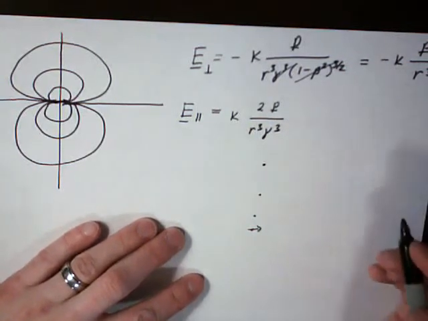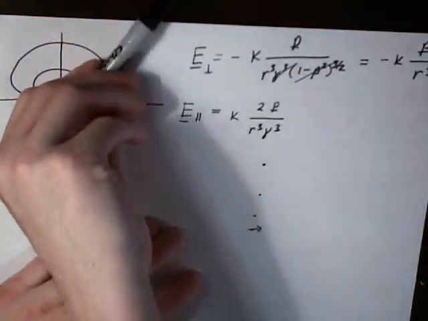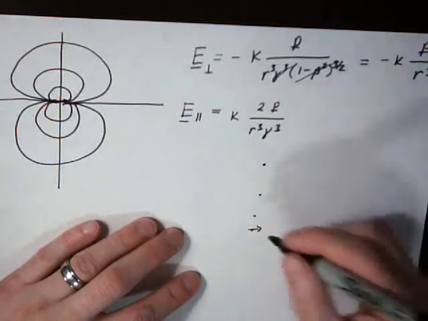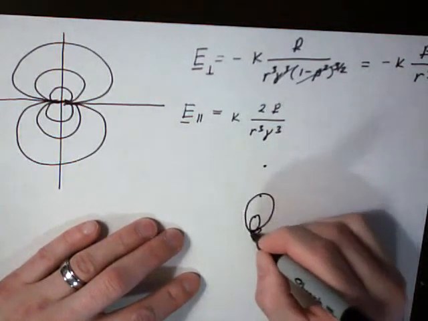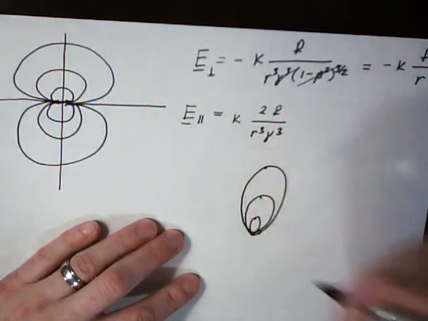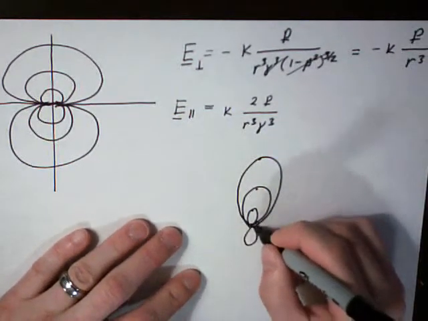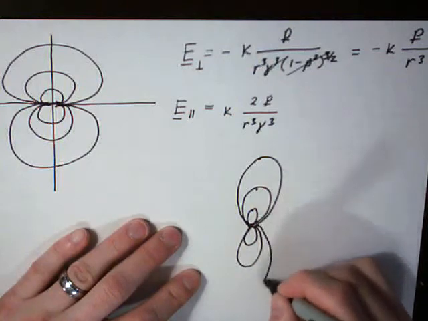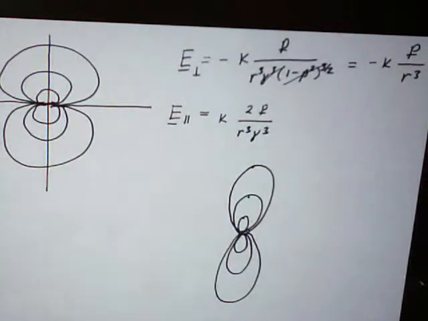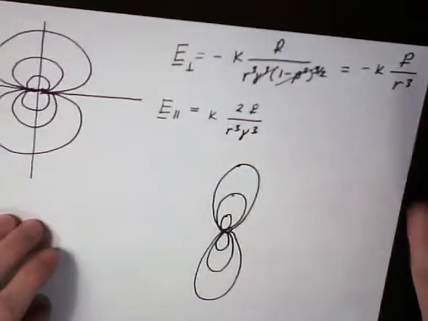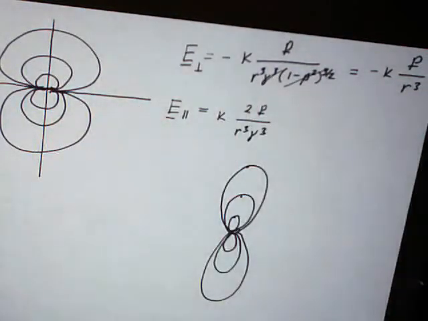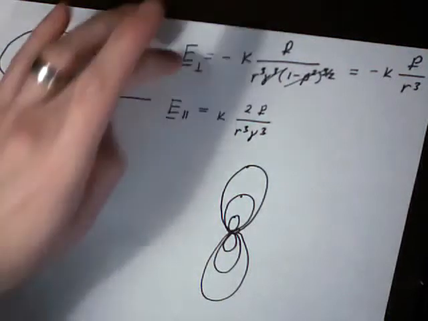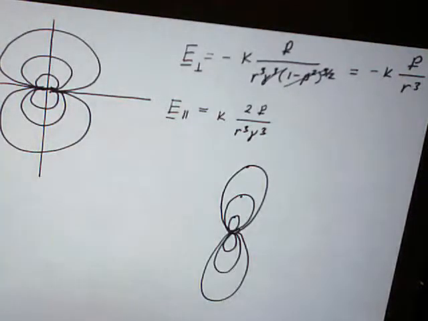So I'll draw where they have to go through. But the field lines out here have to spread out, right? So to keep those two effects, the dipole has to look something like this. And of course it's symmetric here. Alright, and so what's happening in this picture is basically the dipole is just getting squished. Okay? Just from looking at these two cases, I can tell that that's what's happening.